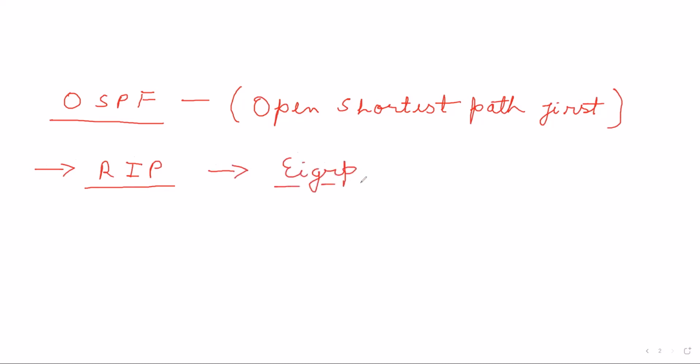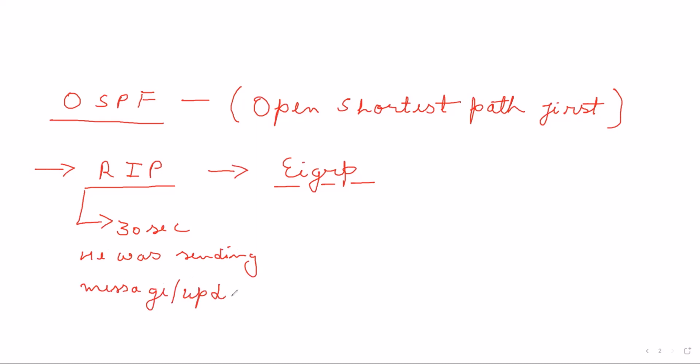So in RIP we had a problem: every 30 seconds it was updating its neighbor, sending a message, or you can say an update, to its neighbor. And one more problem was there: only 16 devices you can add.